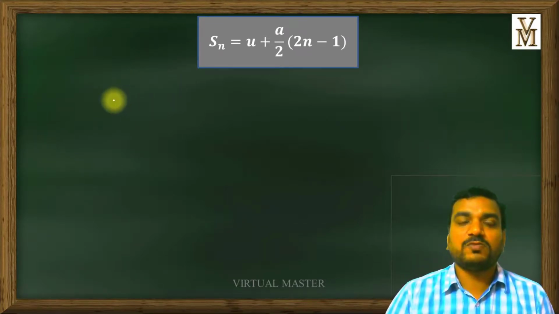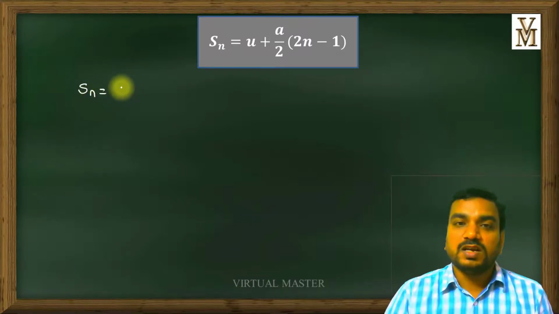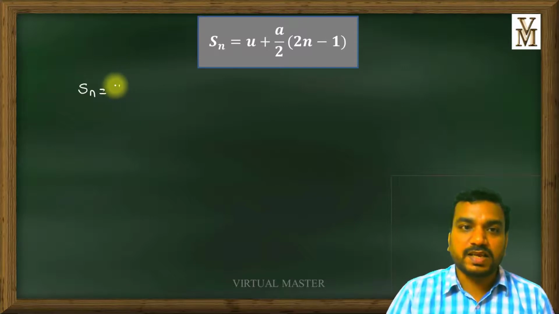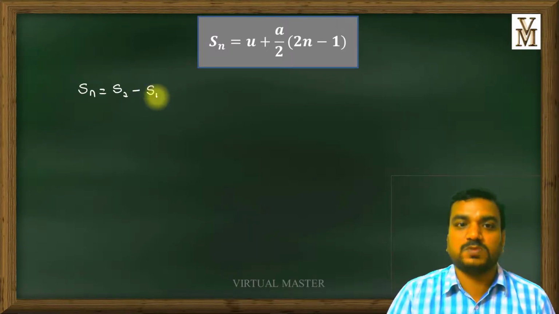Now let us derive the equation for Sn, the distance covered by the object during the nth second. Sn is equal to the distance covered by the object in n seconds, I will call it S2, minus the distance covered by the object in n minus 1 second, I will call it S1.